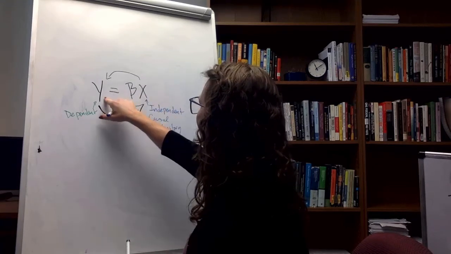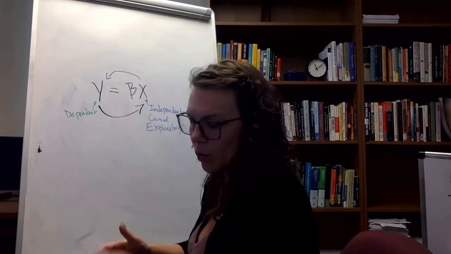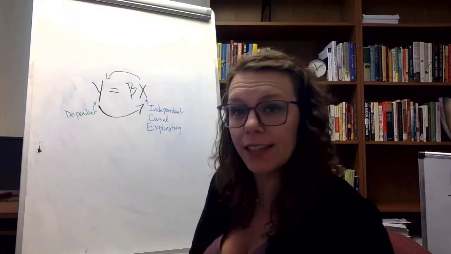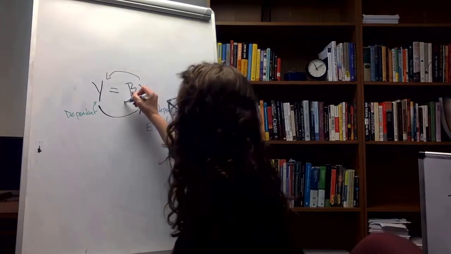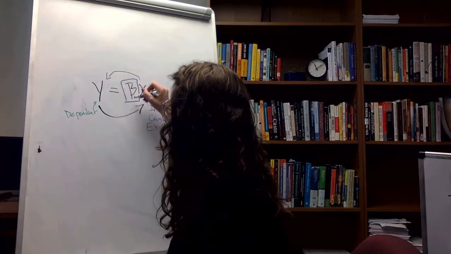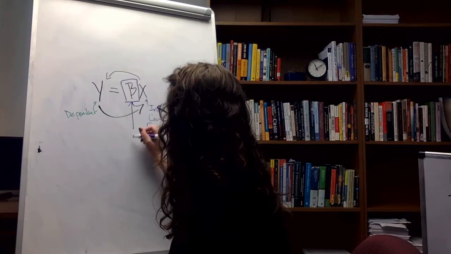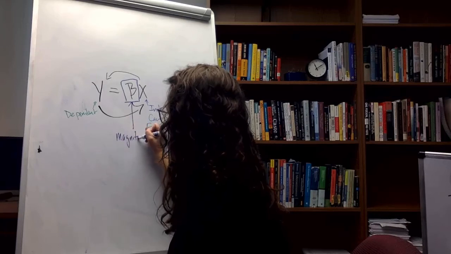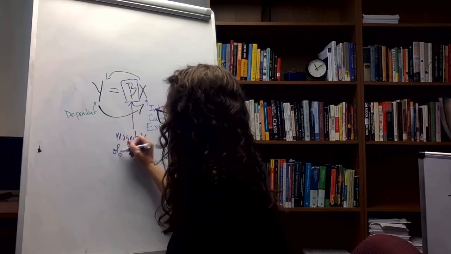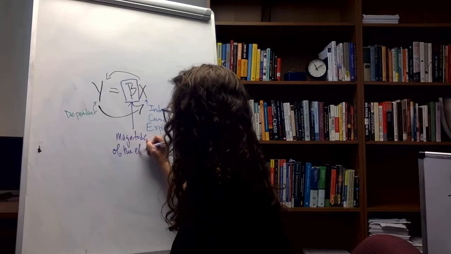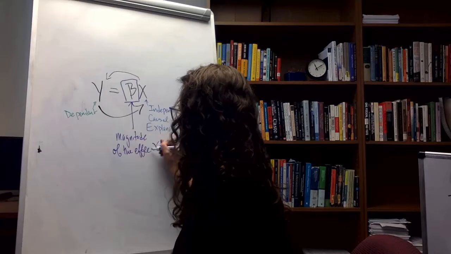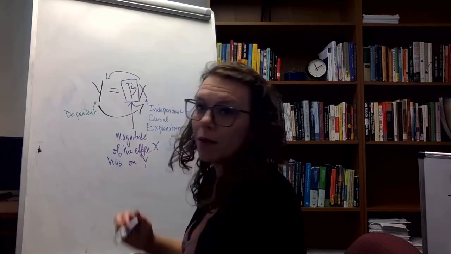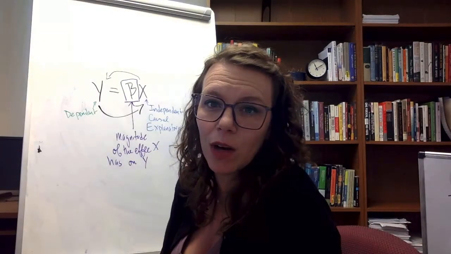So x explains y, and since we've made this assumption that x is going to have an effect on y, we want to know how big of an effect, and that's what beta tells us. We want to estimate the magnitude of the effect x has on y, the marginal effect of x on y.